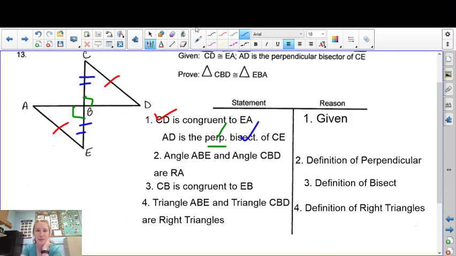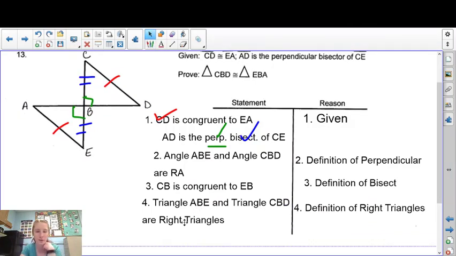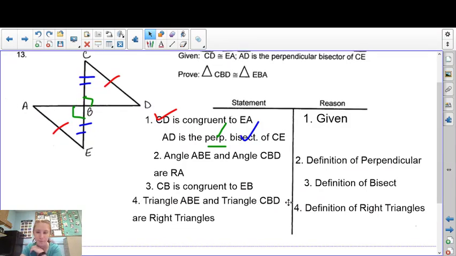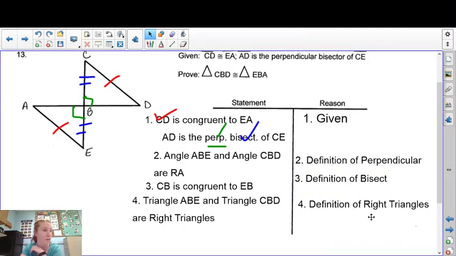If we didn't have that right angle, not only would we not be able to prove this completely, but we also wouldn't be able to do our definition of right triangles. So now that I've said that they have right triangles, it clearly has a hypotenuse and it has a leg, so I can use that. And I've got my right angle in there.